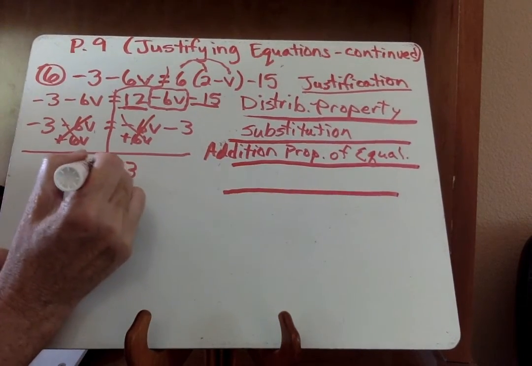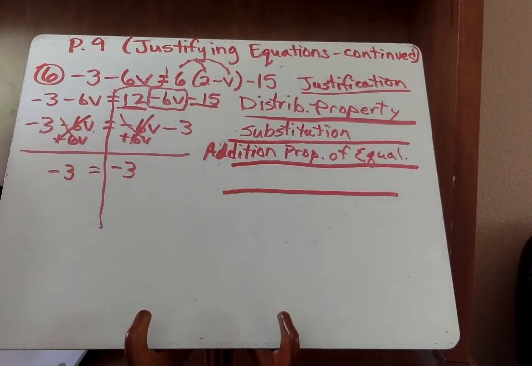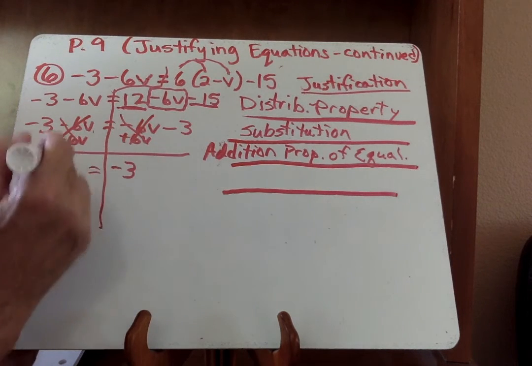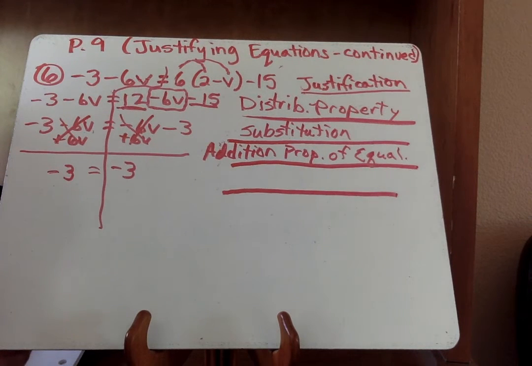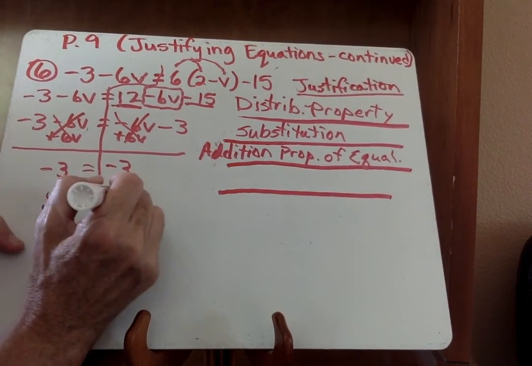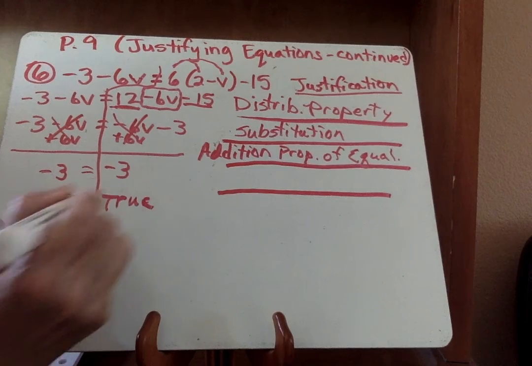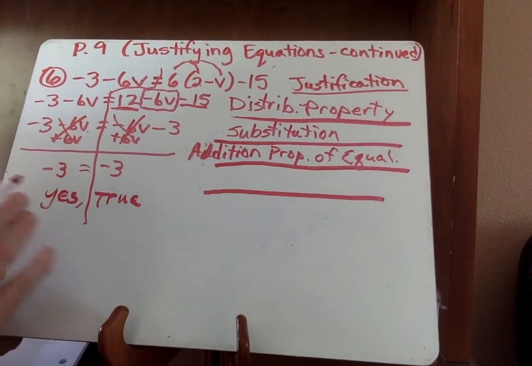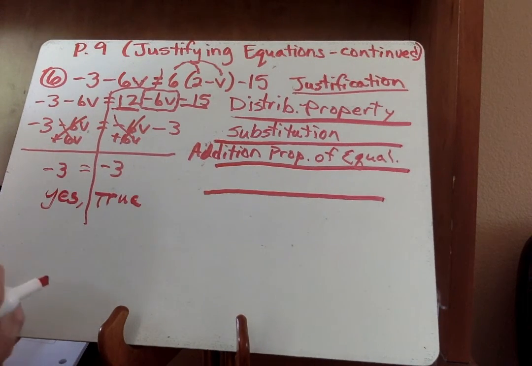Okay, so then we have -3 equals -3. So do we remember what happens when the variable drops out? We look at this statement and we say, is that a true statement? Yes, it's true. So we don't have one solution. It's either going to be no solution or infinitely many.